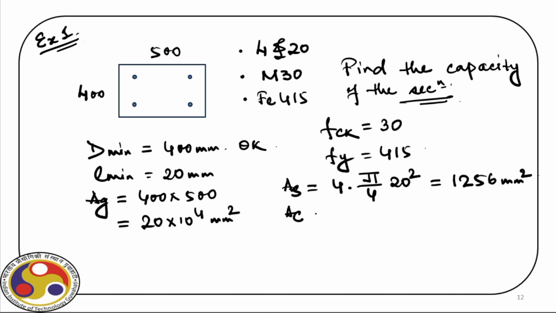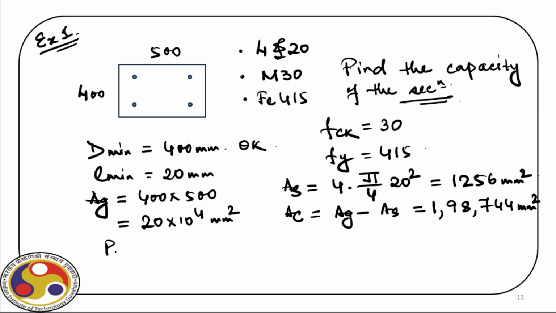So Ac is equal to Ag minus Asc. So that value is 1,98,744 millimeter square.